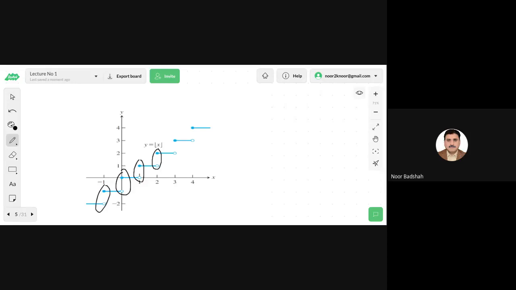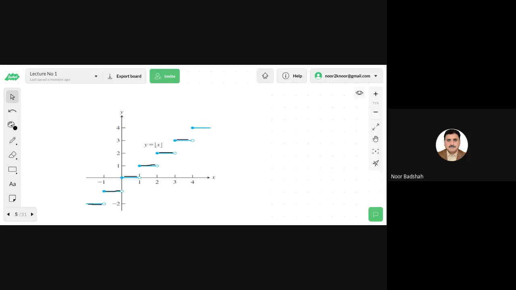It means at these points the function will be discontinuous. At jumps, the function is discontinuous. It means that greatest integer function is discontinuous at integral values. And in the intervals, there is no jump, there is no hole. So for non-integers, there is no jump, there is no hole, so the function is continuous there.